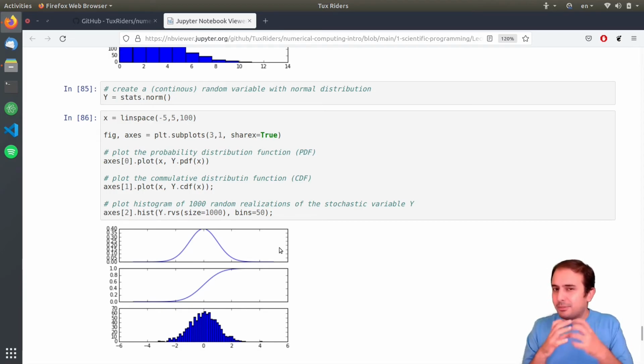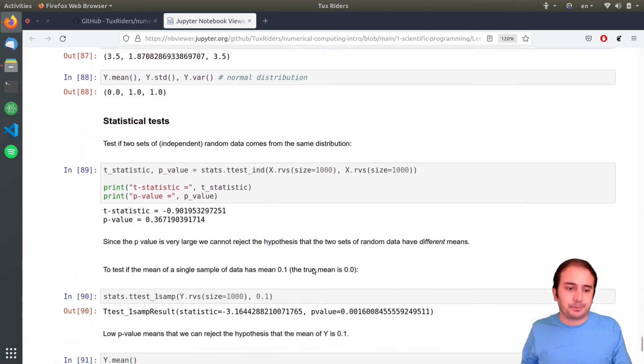But still you need some NumPy knowledge, some NumPy skills, to manipulate SciPy objects, let's say.